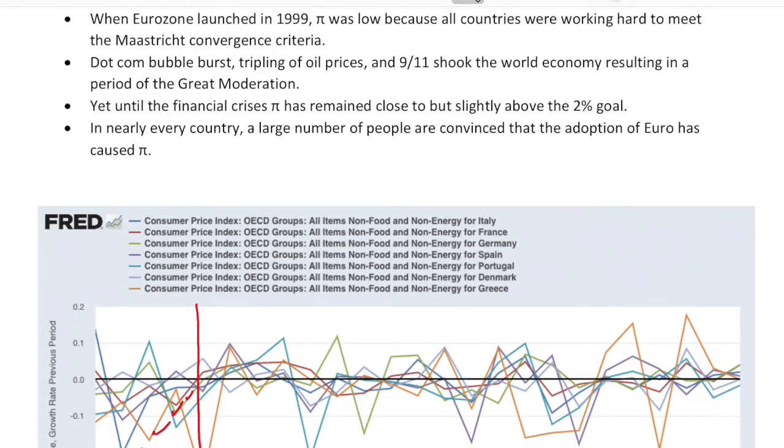Okay, so then in the year 2000, let's clean this up. Look at the year 2000, when the dot-com bubble burst, and oil prices increased, and then we had 9/11. It essentially began the period of great moderation.